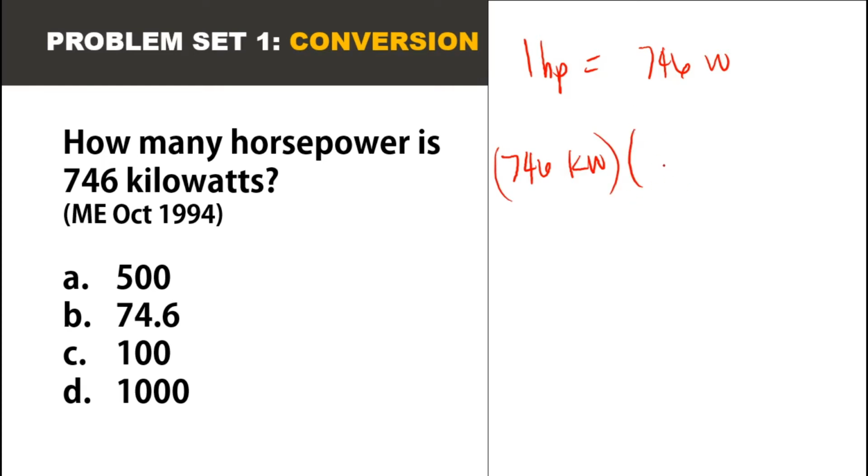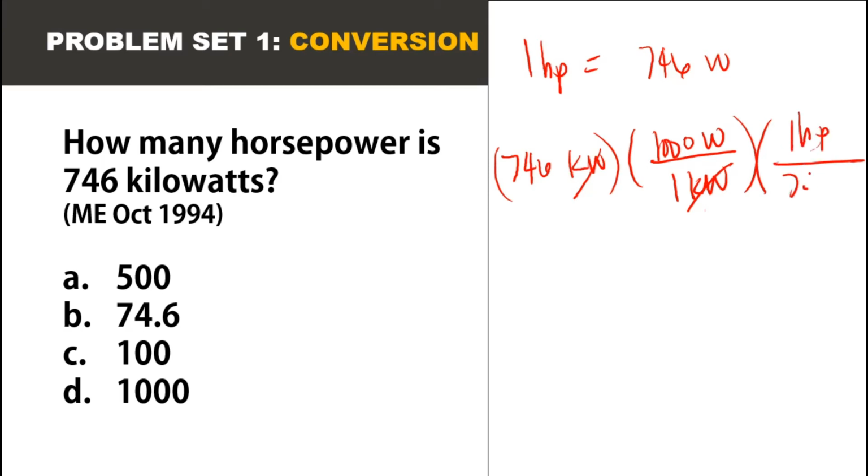We have 1 kilowatt is 1000 watts. So we cancel kilowatt. So 1 horsepower is 746 watts. The 746 will cancel. So you have 1000 horsepower. So that is letter D.